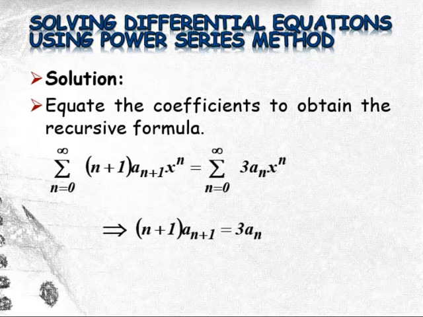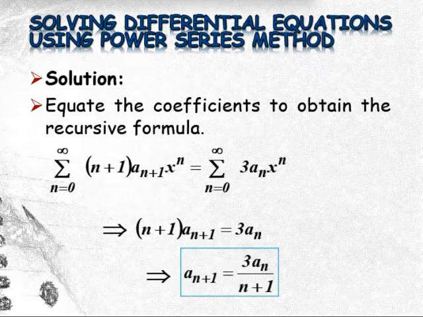We solve for the expression with higher subscript. That is, we are going to solve for a sub n plus 1. So ending up with a sub n plus 1 equals 3 times a sub n over n plus 1. So this is the recursive formula for our solution.